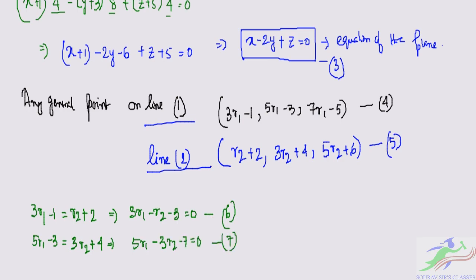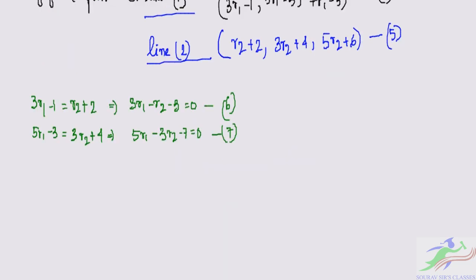Let us take this as equation 7. Finally, 7r1 minus 5 equal to 5r2 plus 6, which simplifies to 7r1 minus 5r2 minus 11 equal to 0. Let us take this as equation 8, right?